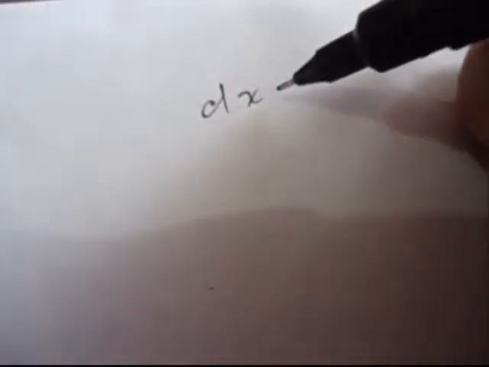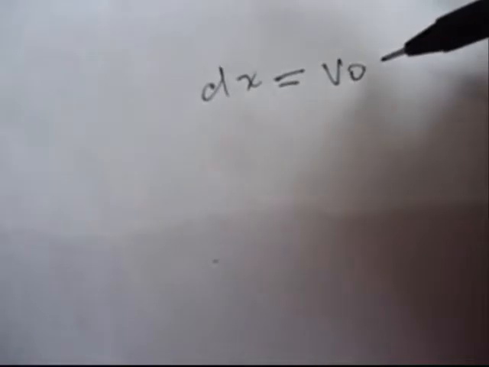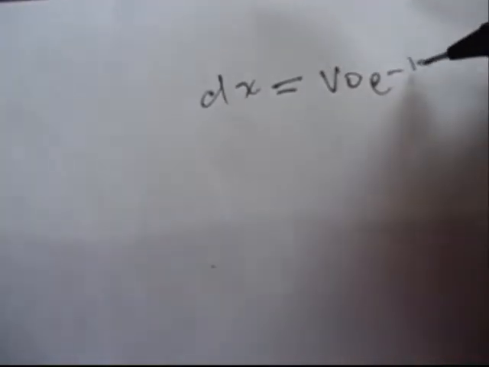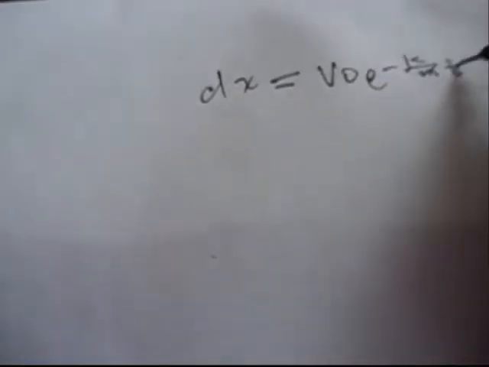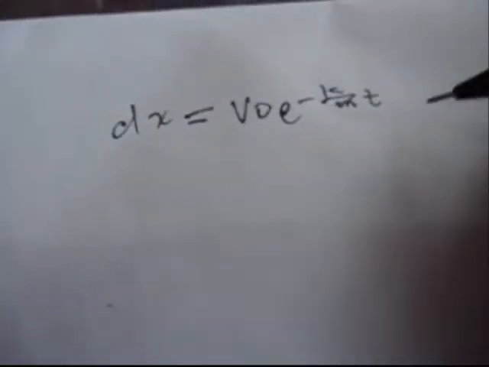So we will get dx is equal to v sub o times e to the negative k over m t dt.